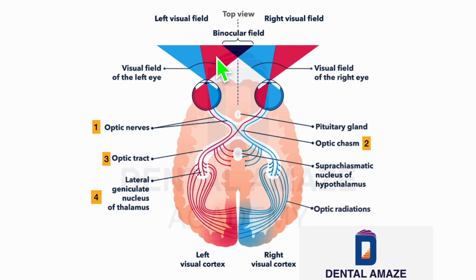So nasal goes onto the temporal retina. Remember, temporal doesn't cross, so it goes in. So the nasal right crossed, temporal right doesn't cross. So whatever you see on your right visual field is finally processed on your left brain. That's why this crossing is important.